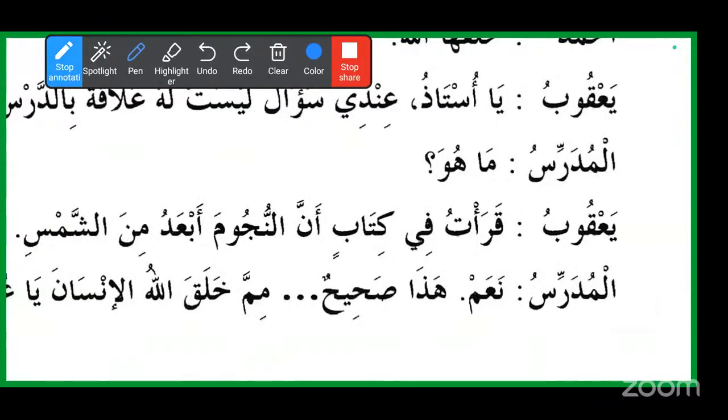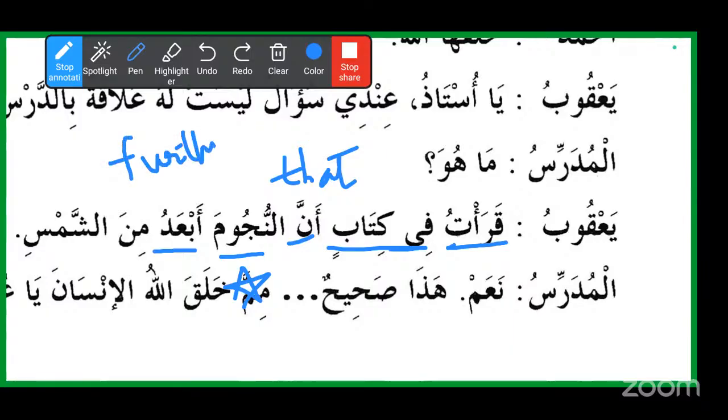Ab'adu. Okay, let me translate one at a time. Qara'tu, I read. Fi kitabin, in a book. Anna, that. An-nujuma, the stars. Ab'adu, further.